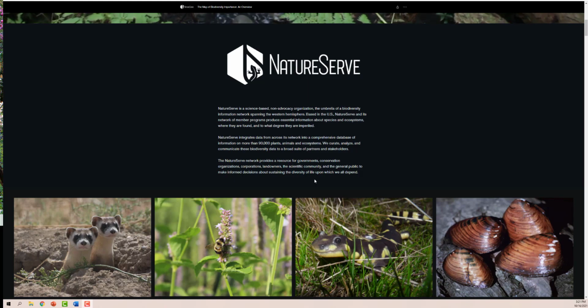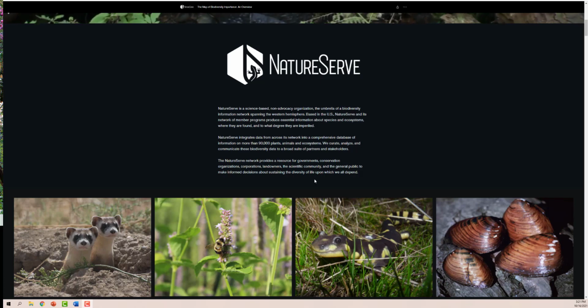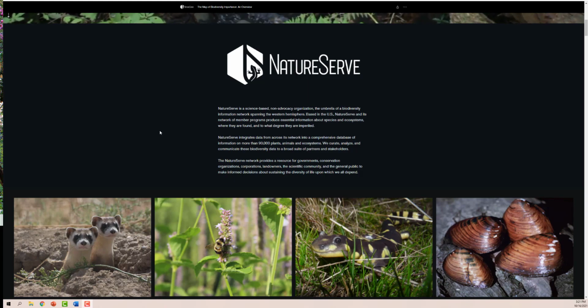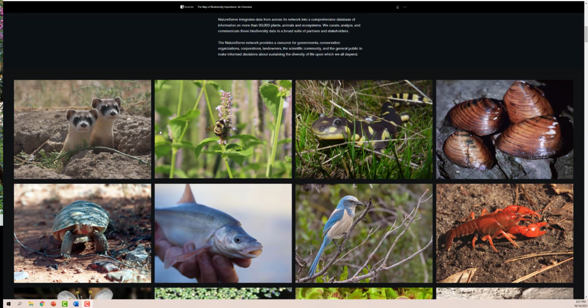They curate, analyze, and communicate biodiversity data to a broad suite of partners and stakeholders. They're a great resource for governments, conservation organizations, corporations, landowners, and the scientific community, as well as the general public, and they help them to make informed decisions about sustaining the diversity of life upon which we all depend.